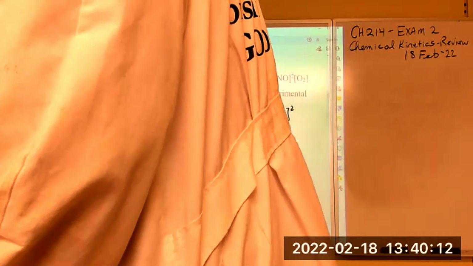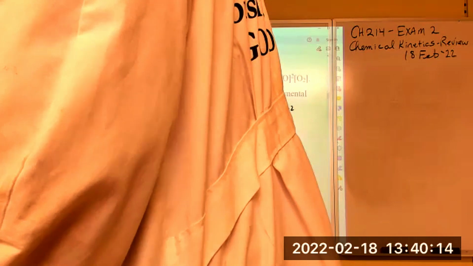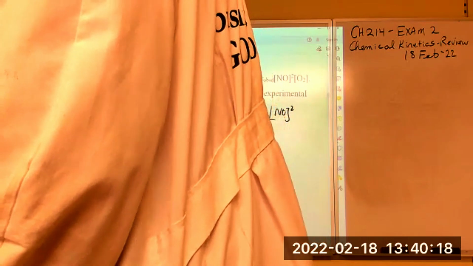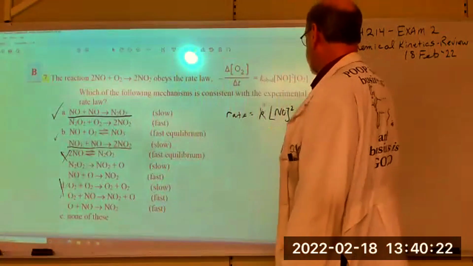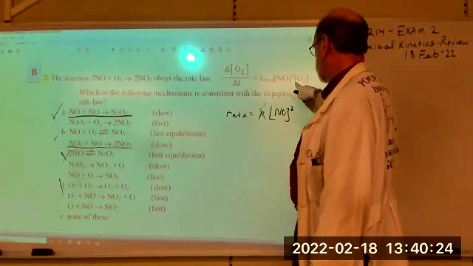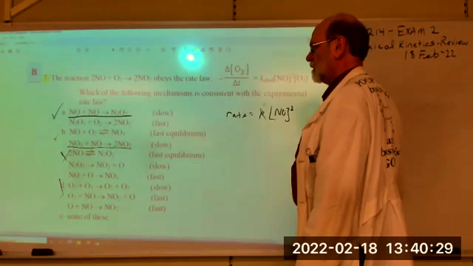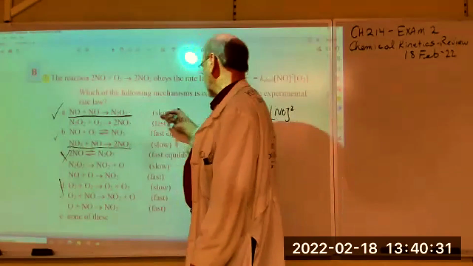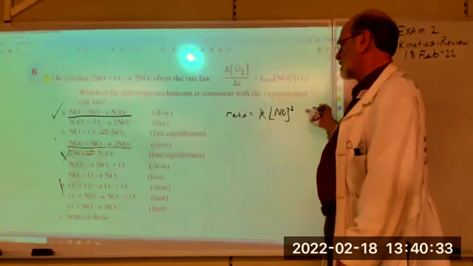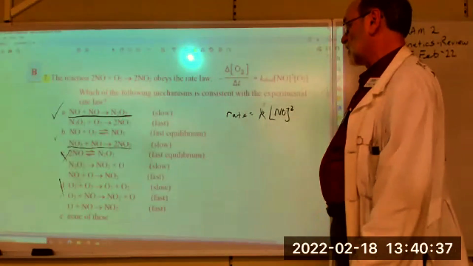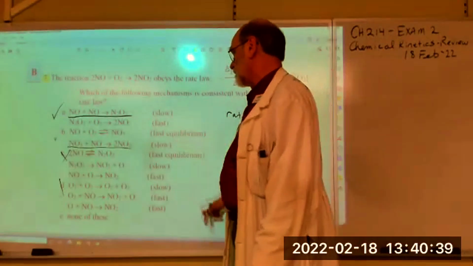But that doesn't agree with this one, does it? Where's the O2? There's no O2 in there. Based on the slow step, there's no oxygen in that one. So by process of elimination, it should be B.